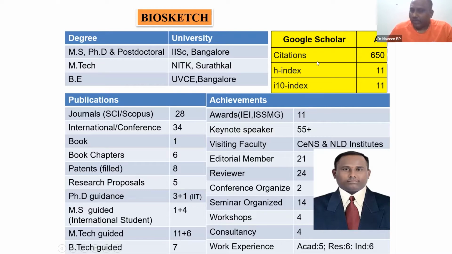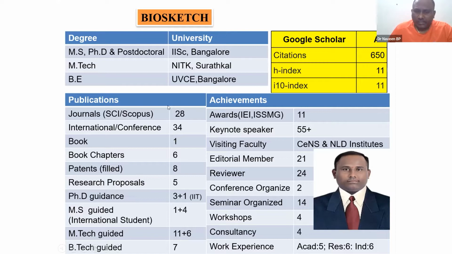Coming to my credentials in research, you can see my citation is 650, H index is 11, i10 index is 11. Till now, I have published about 28 SCI and Scopus journal papers, all in Q1 and Q2 journals.